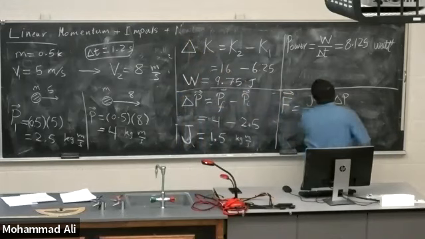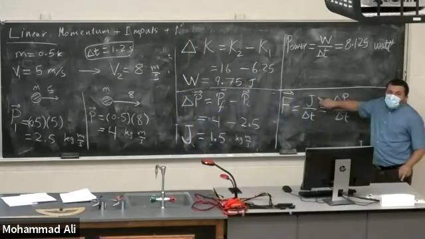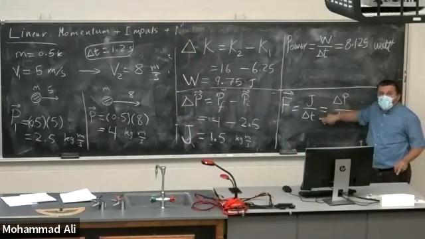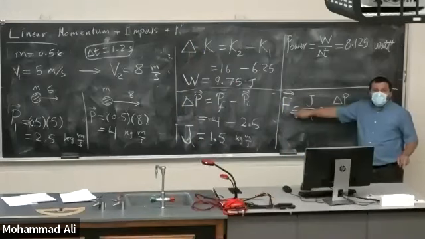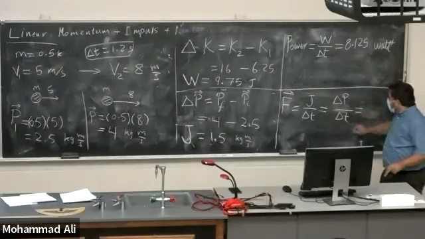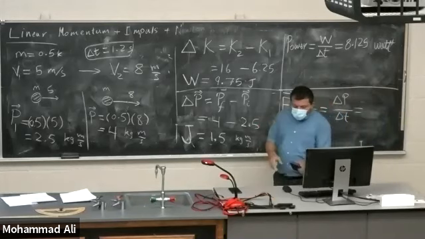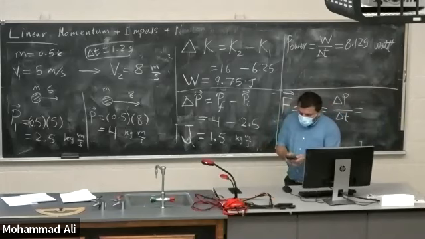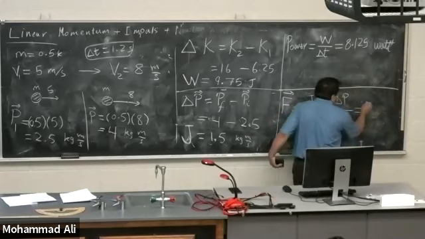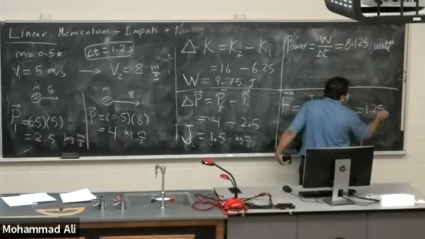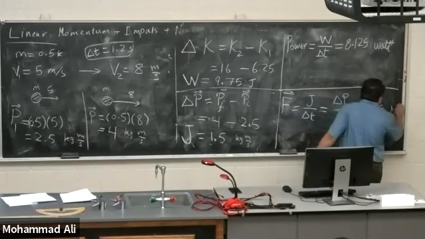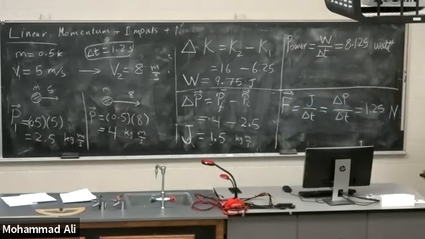So the impulse happening during a time will give us the force, which is delta P over delta T. Okay, 1.5 over 1.2, it is 1.25. What is the unit of the force? It's newtons.